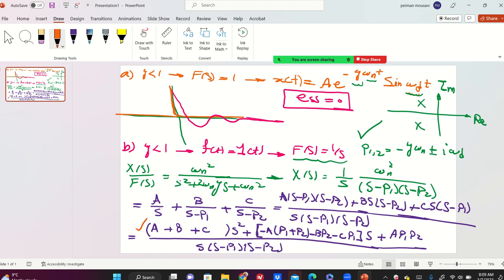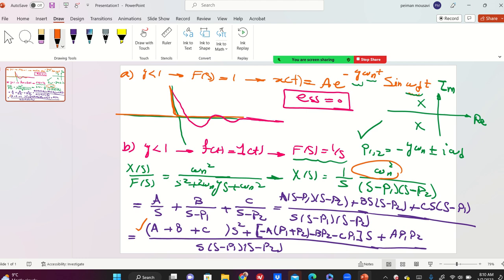Obviously, this numerator equals how much? Omega_n squared. Double check everything. Yeah.